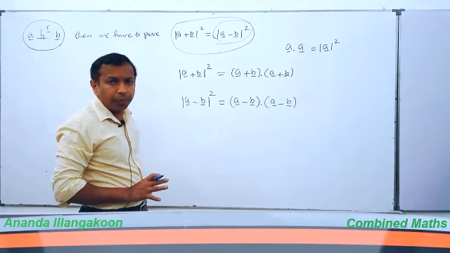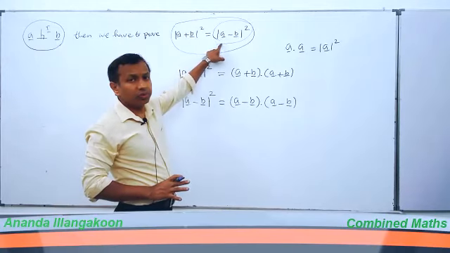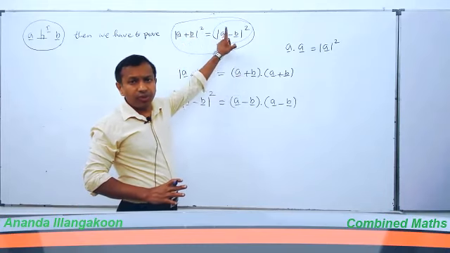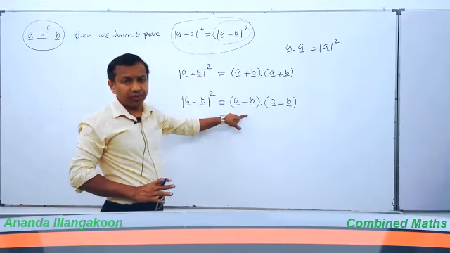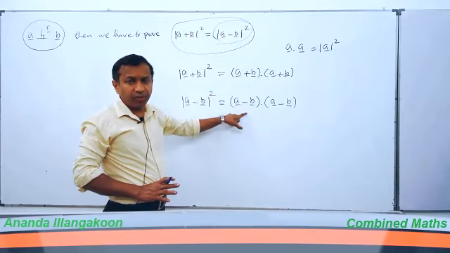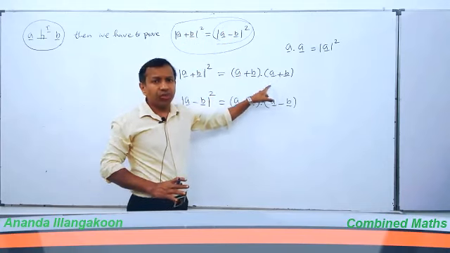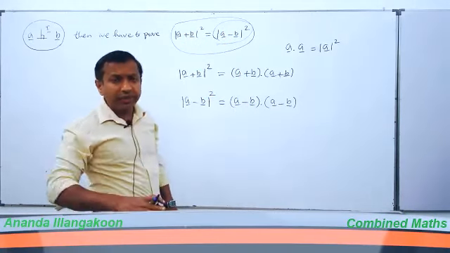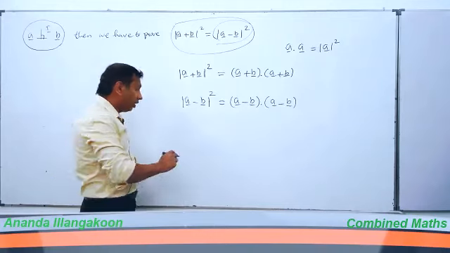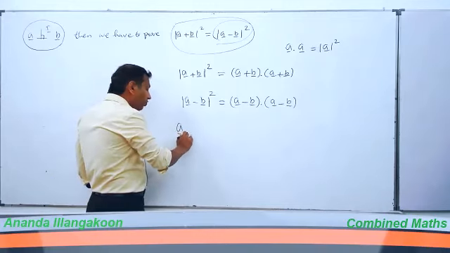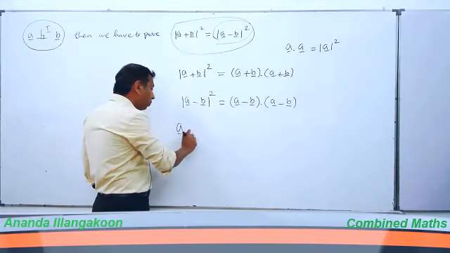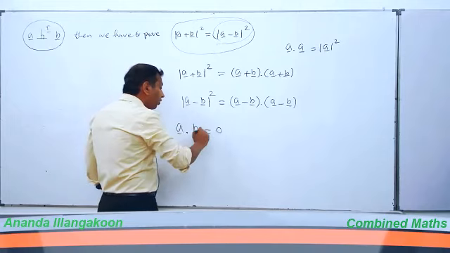Starting with this one, write this for this, and this for this. Then the left hand side we have this, the right hand side we have this. Then remove the brackets by using the distributive law and keep simplifying. Once you simplify, finally you get your simplified answer, the result A dot B equals 0.